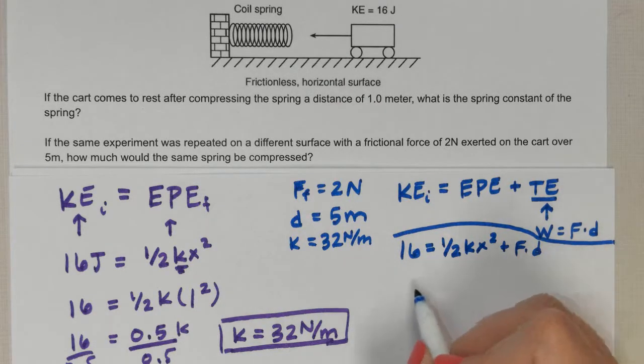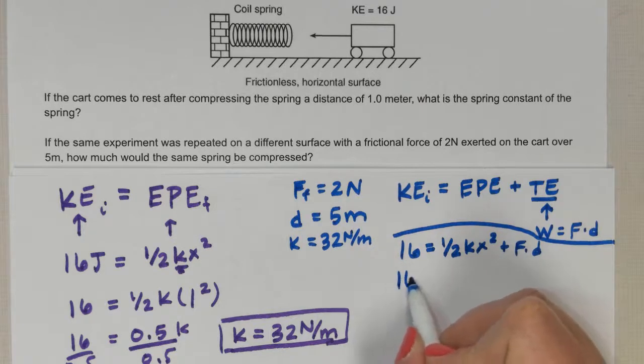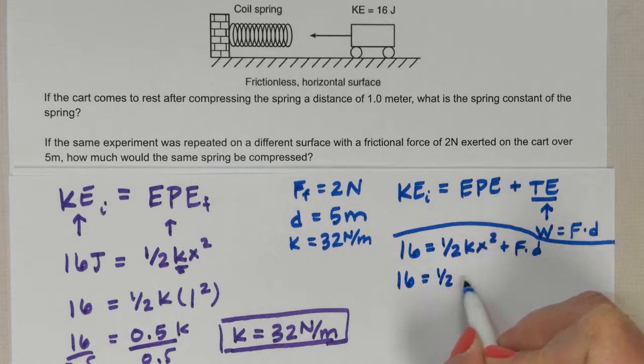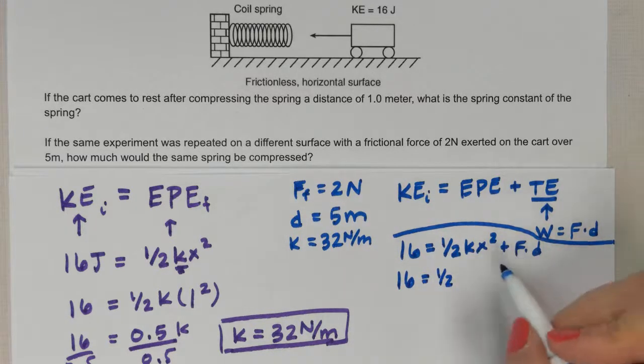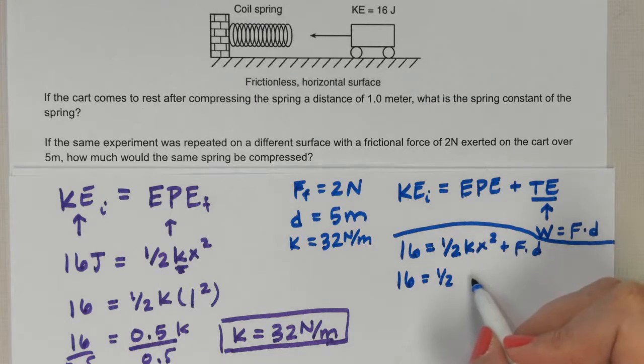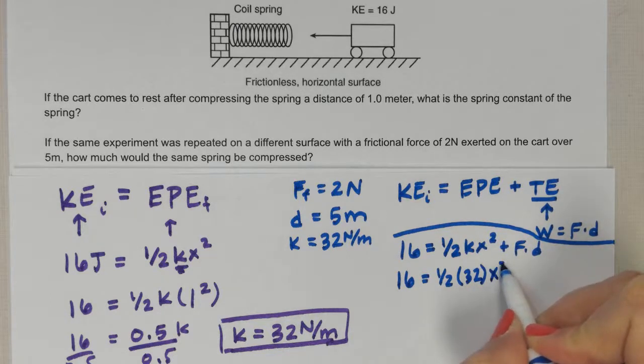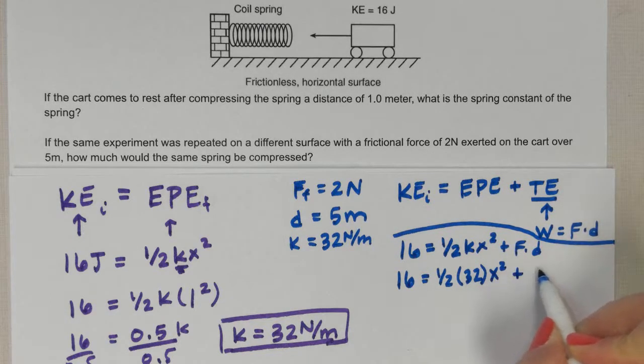Okay, so from here, if we want to go ahead and substitute in, we have 16 equals 1/2. The K in this case is the same because it said to use the same spring, so 32. We're going to be solving for x, and then the force of friction is 2 newtons, and the distance that friction acts over is 5 meters. So this would be your substitution step.